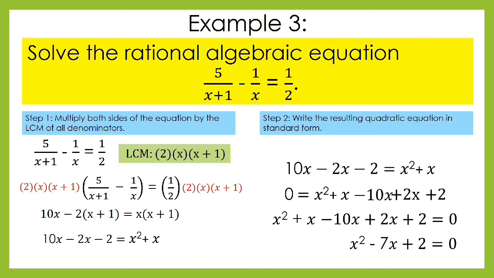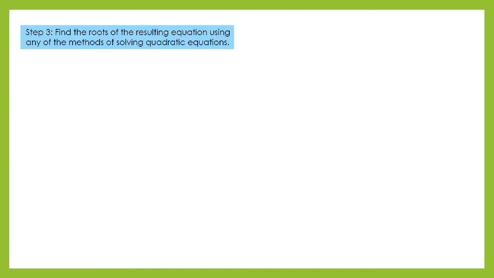Pwede na nating gamitin yung any method of solving quadratic equation para makuha natin yung roots or solution. Let's now find the roots using any of the methods of solving quadratic equation. Ayan, yan yung ating standard form ng rational algebraic equation.